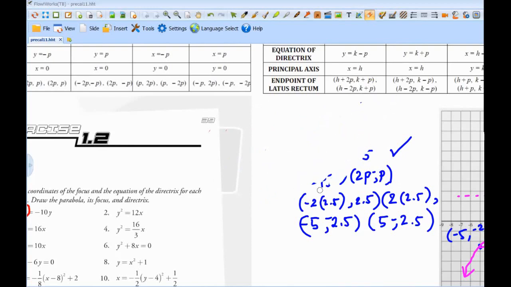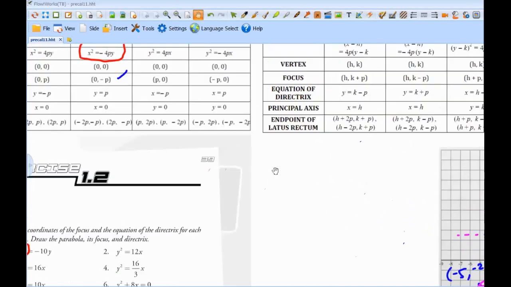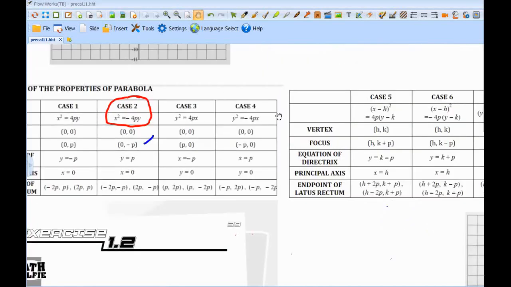So you are expecting that the parabola either opens to the right or opens to the left. But since it is positive, we are expecting that the parabola is facing to the right, opens to the right. Okay, so that is on case 3.